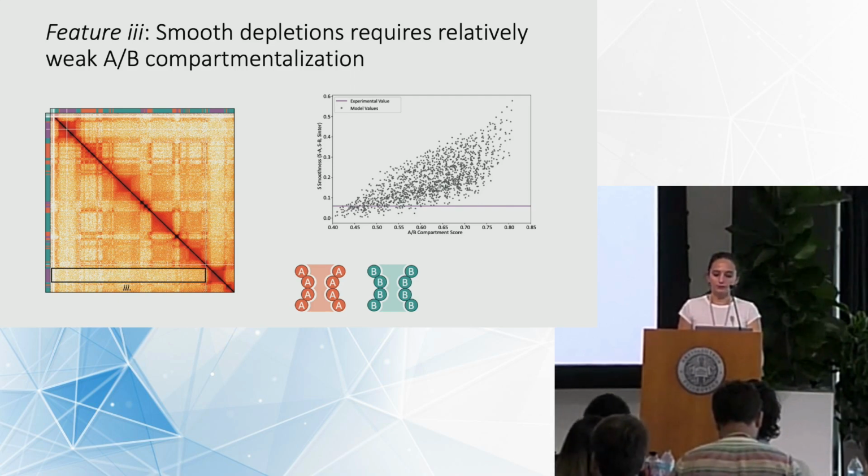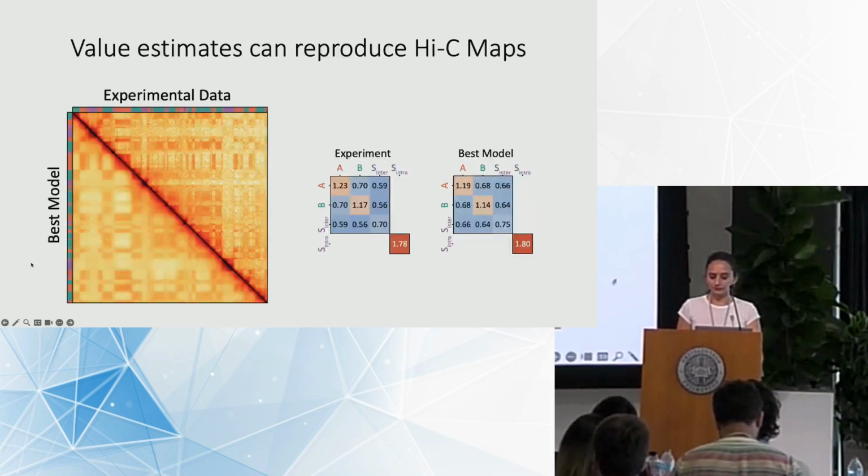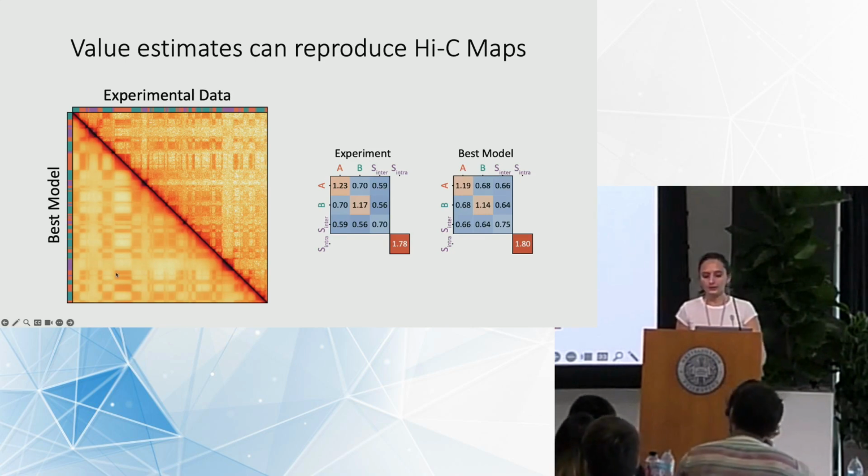So if we integrate all of these different parameter estimates, we can generate a model that recapitulates the Hi-C, both visually in terms of this map, where here on the bottom left, we're looking at the best polymer model, and on the top, we're looking at the actual experimental data for this region. And also in terms of the observed over expected enrichments for each type of compartment, as well as the S enrichment within each domain.